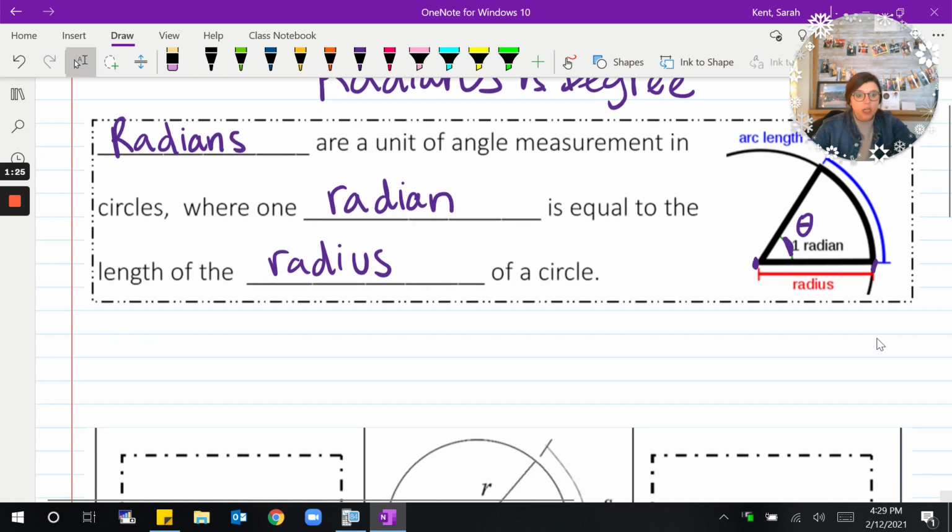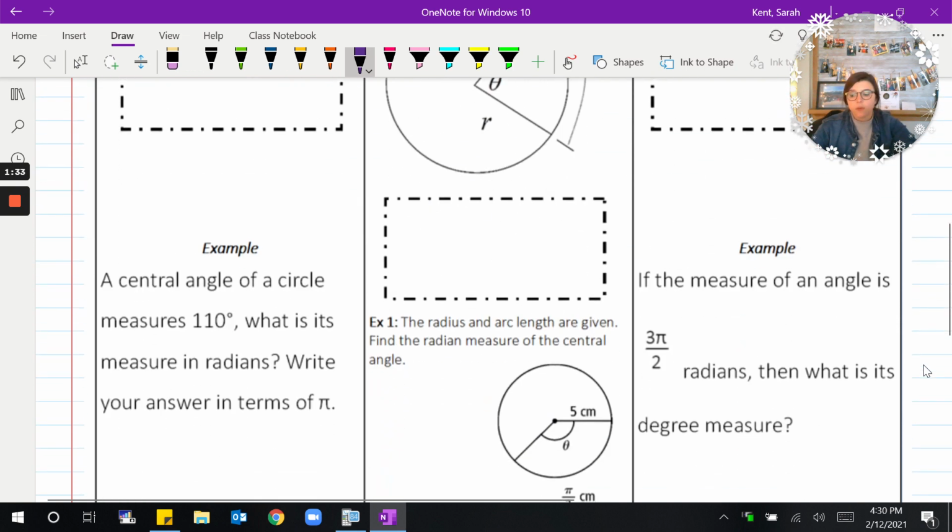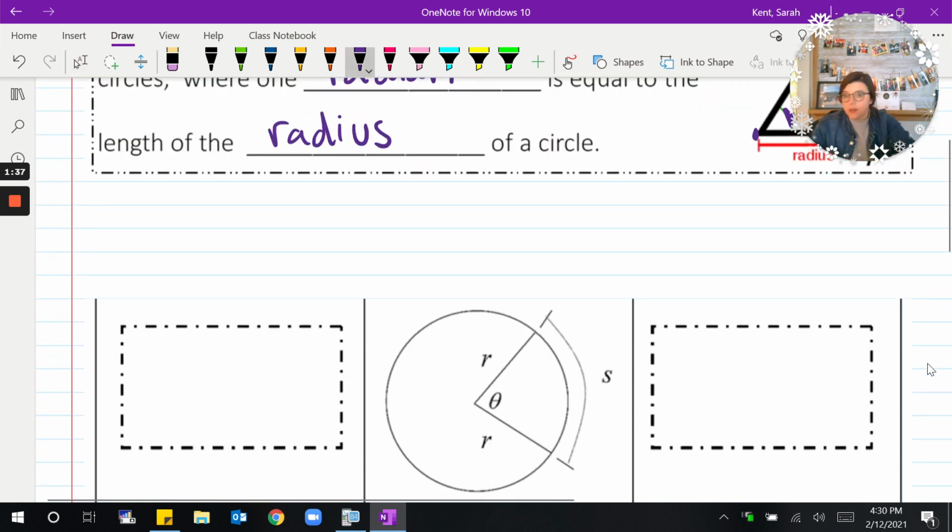So first, we are going to look at some different pieces. We are going to move from degrees, which is what we're used to looking at, to radians.